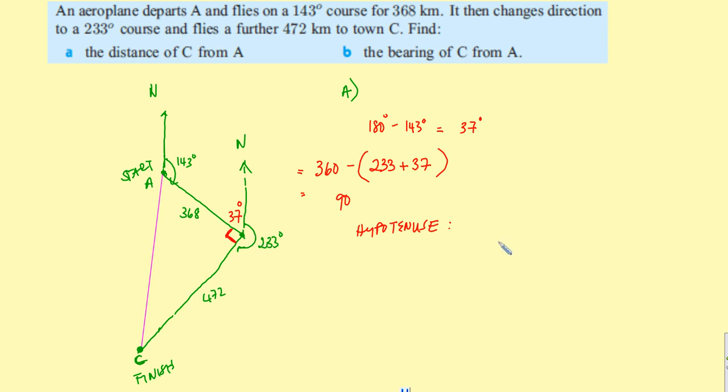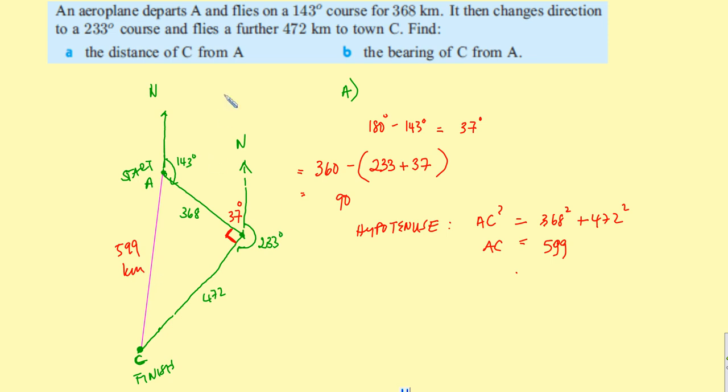So we can say that the final length of the hypotenuse, AC squared, is going to equal 368 squared plus 472 squared, and I'm just doing the calculation here. 599 is going to be approximately our length of AC. So it's approximately 599 kilometers.